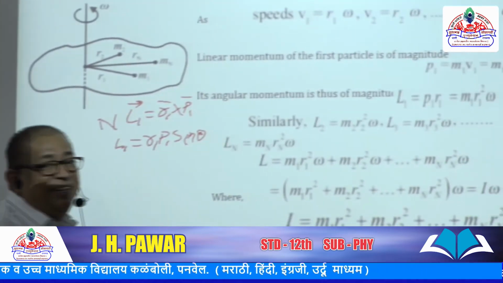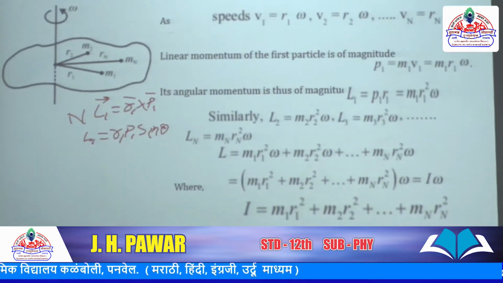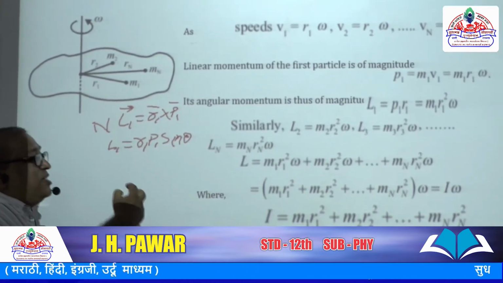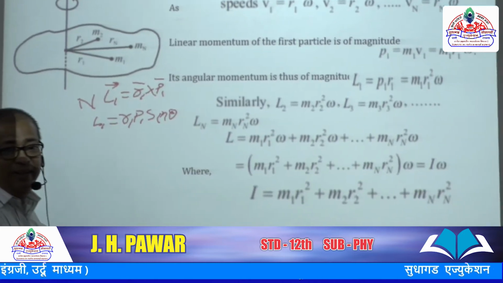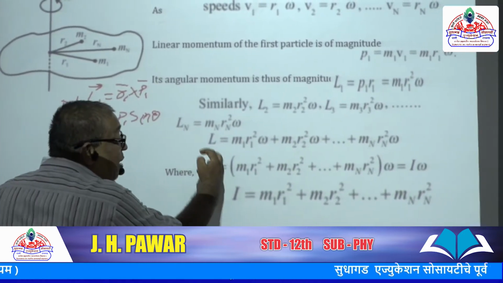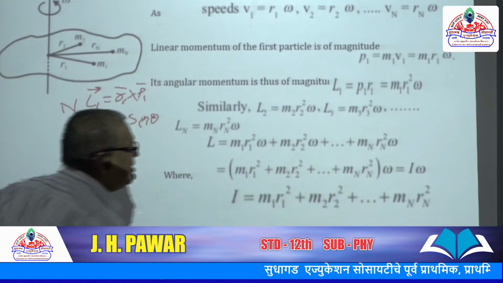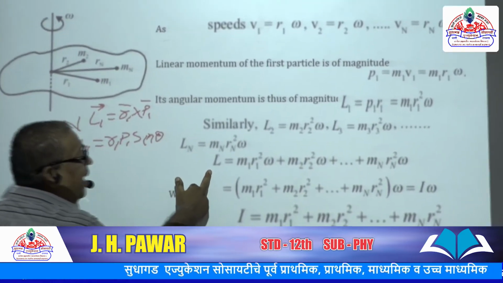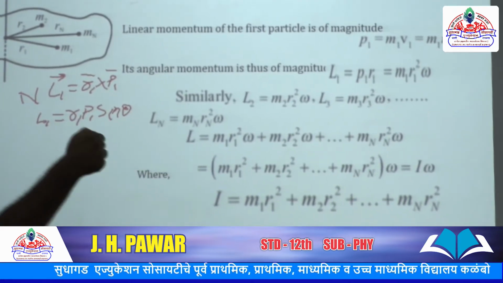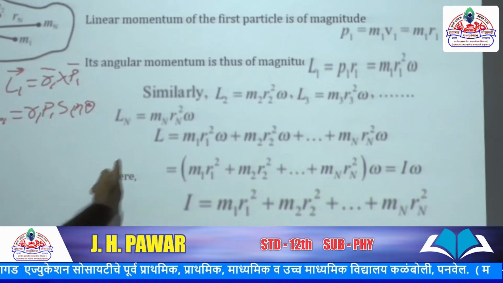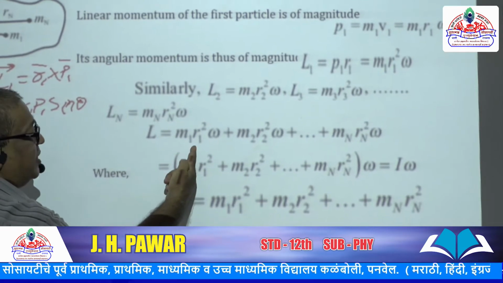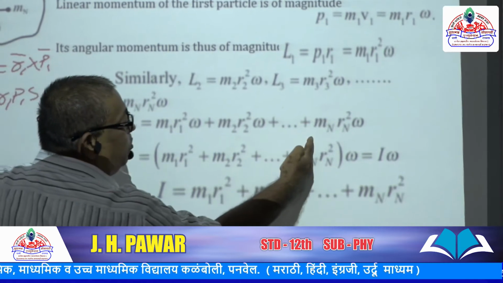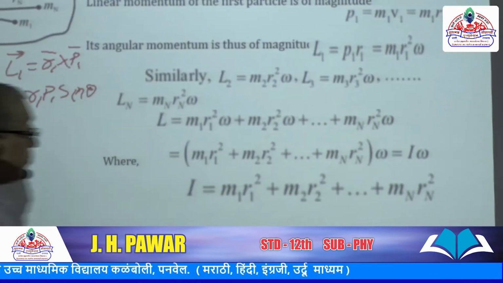If we take the angular momentum of the rigid body or rigid object, it is the algebraic sum of the angular momenta of all particles. So the angular momentum of the object is L1 plus L2 plus up to Ln, or L equals m1 r1 square omega plus m2 r2 square omega plus up to mn rn square omega.